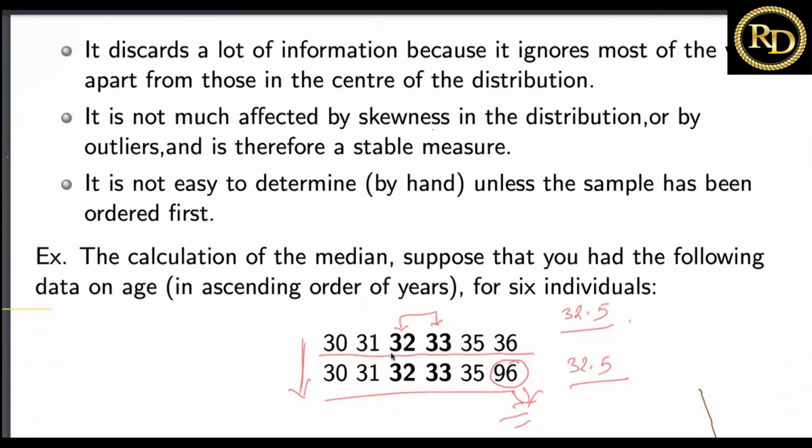You have to take the mean of these two middle values, 32 and 33, and 32.5 will be the median of this data set. And just below this, you can see if instead of 36, the last observation is 96, this data set still has the same median, 32.5. So by this example, you can understand that this is the advantage of the median, and this is also the disadvantage of the median.